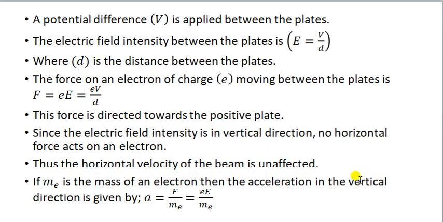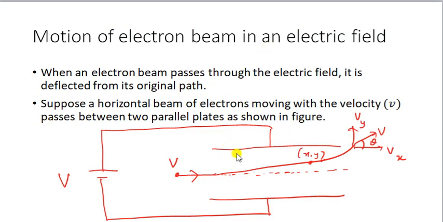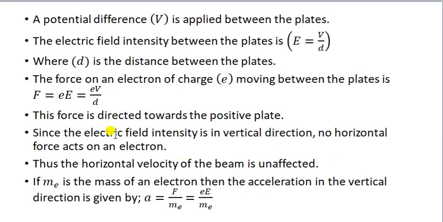Let us move ahead. The potential difference between the two plates is V, and we know that the electric field intensity will be the potential difference divided by the distance between the plates. The distance between these two plates is small d. Then E will be equal to V over d.